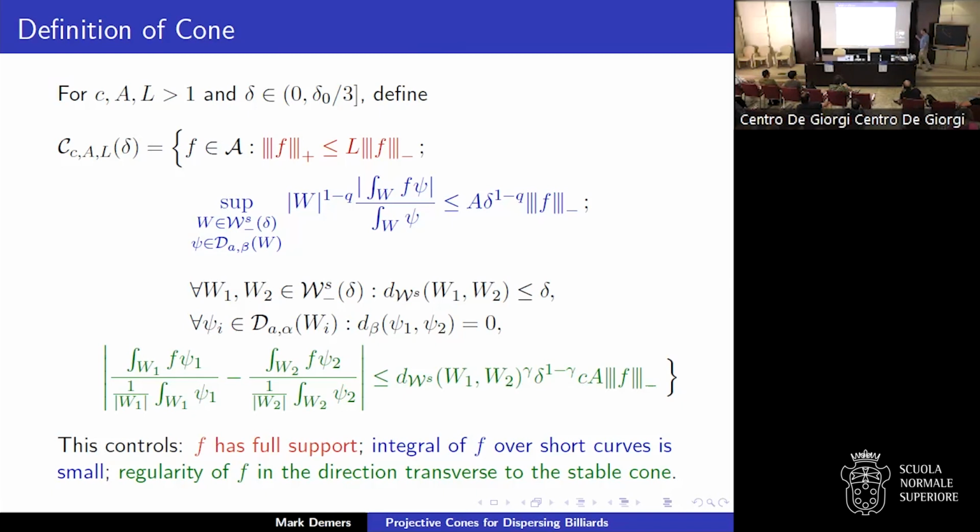And then the green is what we were talking about here. It says that the integral over 2 close stable curves should vary Holder continuously, that's the gamma, depending on the distance that we define between the 2 stable curves.